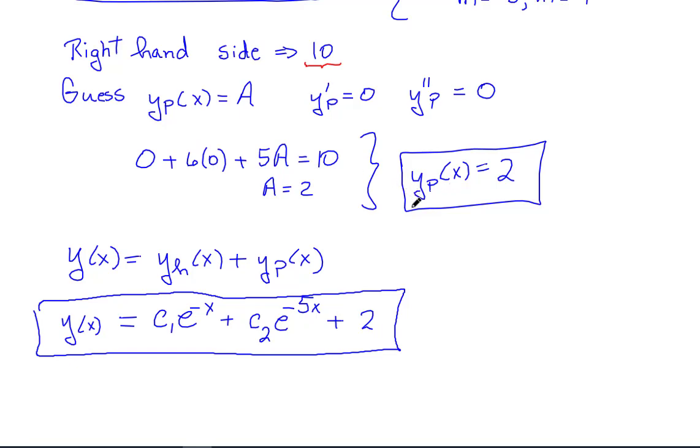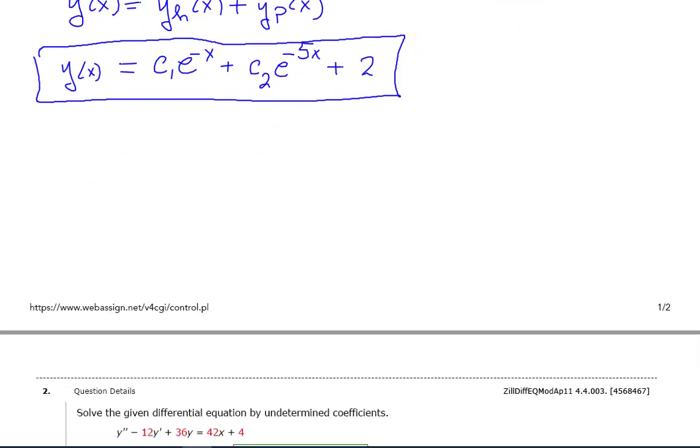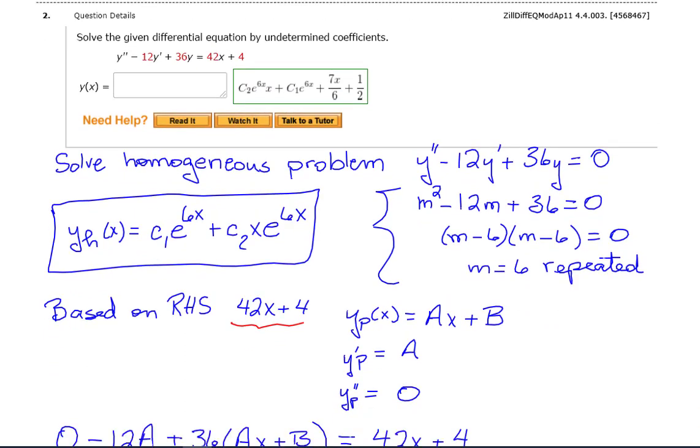So a particular solution is 2. So my general solution to my non-homogeneous problem is the combination of the homogeneous and the particular solution. So C1 e to the minus x plus C2 e to the minus 5x plus 2. So far so good. Alright, so looking at question 2.